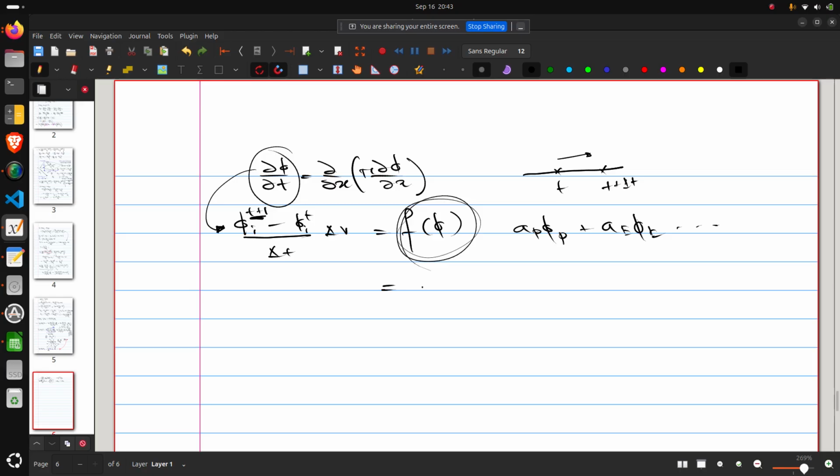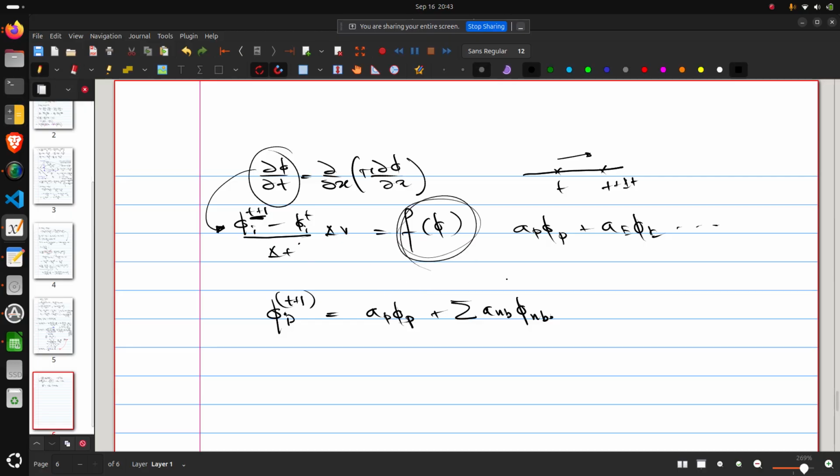All the things you know. So now the implicit part comes about. You can just break it down and write it something like this: φ at t+1 will be a function of, say, a_P φ_P plus summation of a_nb φ_nb, something like this, right? So you will have this kind of form.